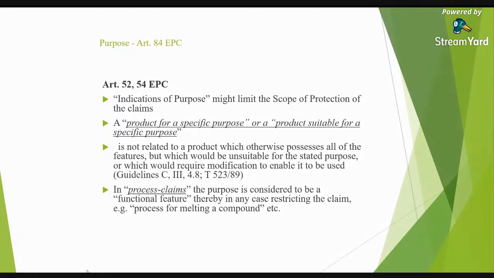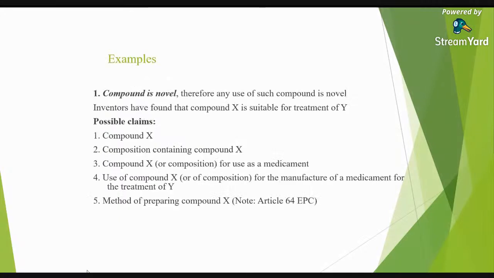So they've actually given you the examples on how the claim should be drafted. So let's see a few more examples of what the EPC has given. These are a few examples actually given in the articles of the EPC, which guide us on how to draft product patent claims.